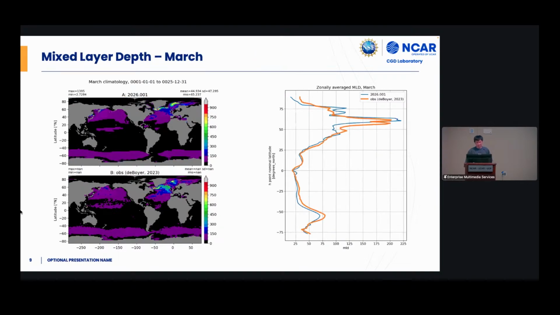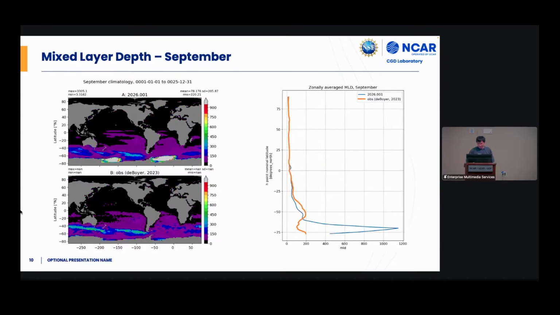This is the mixed layer depths in March. Again, the figure shows that the model results fit the observation relatively well. Then this is the mixed layer depths in September. There we see some problem in the southern hemisphere along the Antarctica.